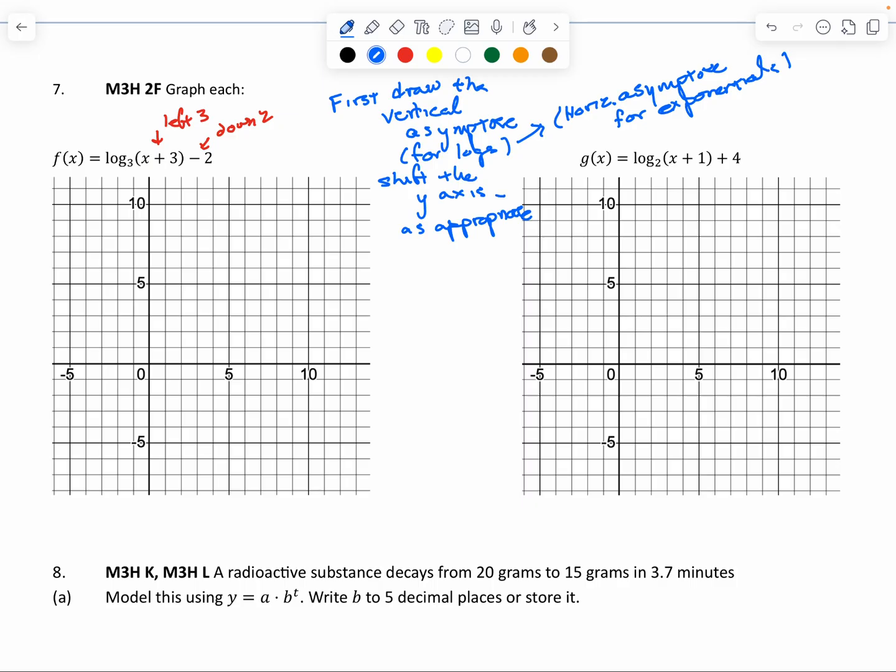So, left 3, we're going to draw the vertical asymptote in left 3. Then 1 unit away, so 1 unit to the right of the vertical asymptote, and then up or down as appropriate.